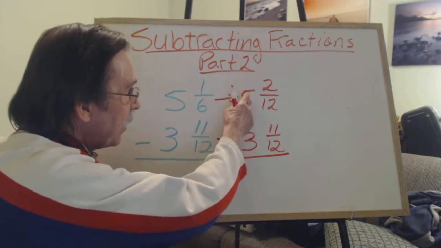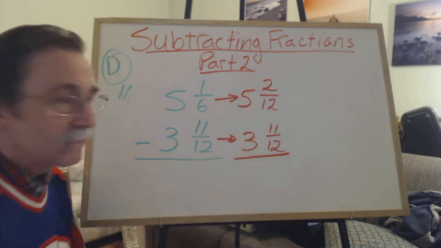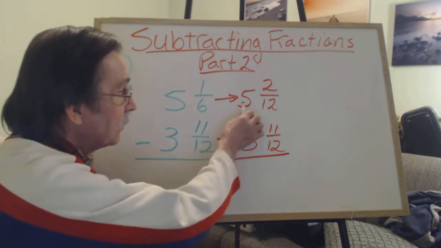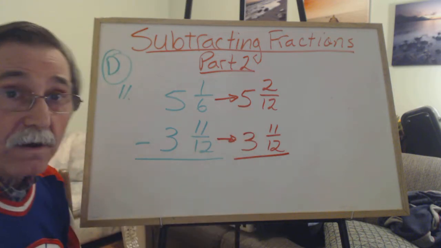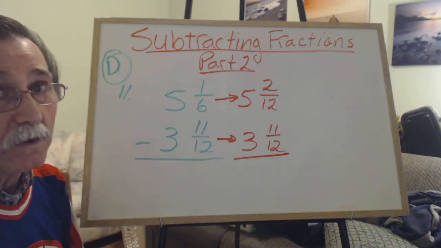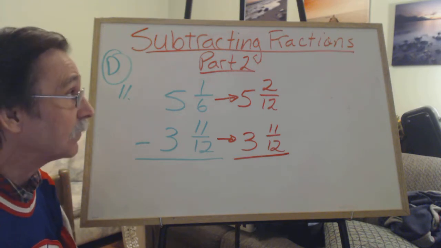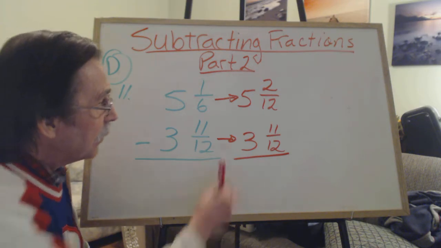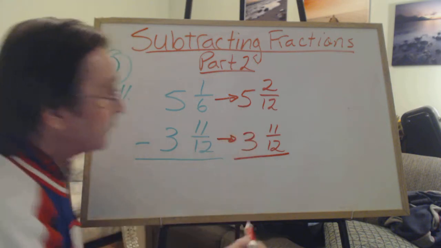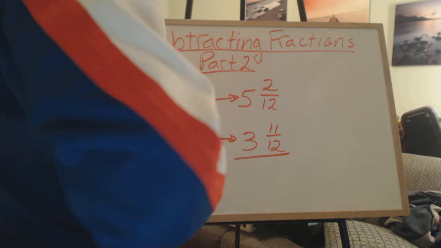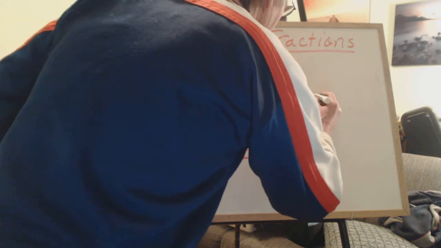I know that 5, this is pretty simple, 4 plus 1 is equal to 5. I know that. But I'm going to call this 5. Watch this. I'll do it in another color here. I'm going to call that 4.